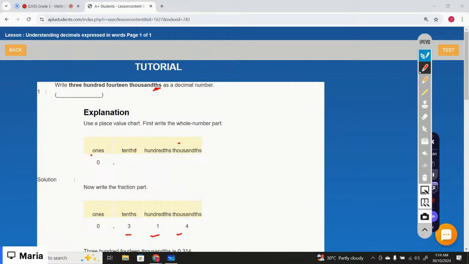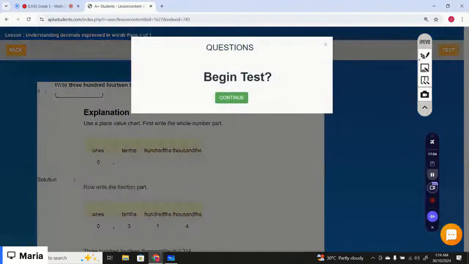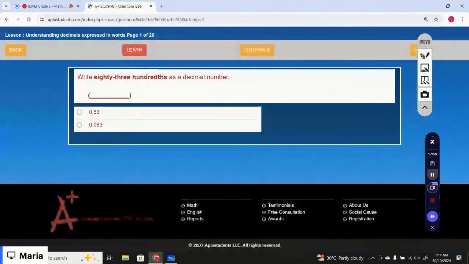Let's just start with the test questions. Write 83 hundredths as a decimal number. So which is the correct option? Option 1 or option 2?